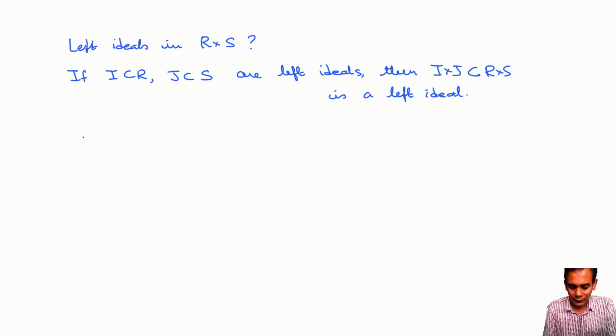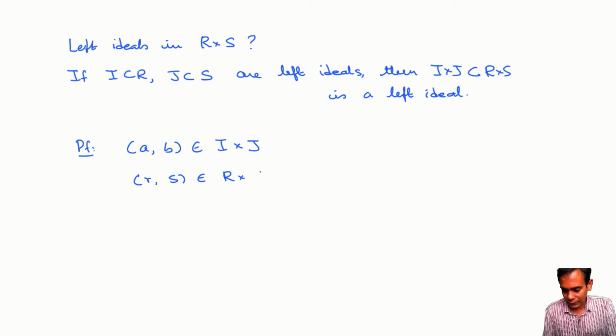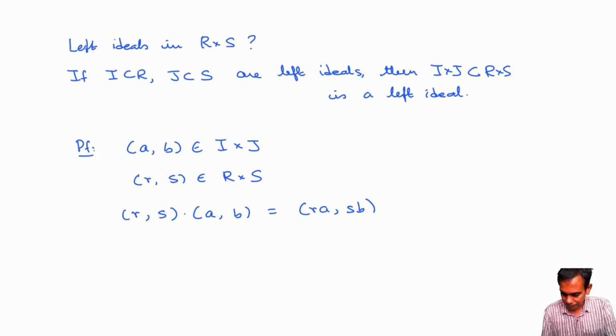And the proof is really easy. You just have that if (a, b) belongs to I cross J, and then you have any element (r, s) belongs to R cross S, we need to check that (r, s) times (a, b) belongs to I cross J. But this by definition is (ra, sb), but ra belongs to I because a belongs to I and I is an ideal. sb belongs to J because b belongs to J and J is an ideal.